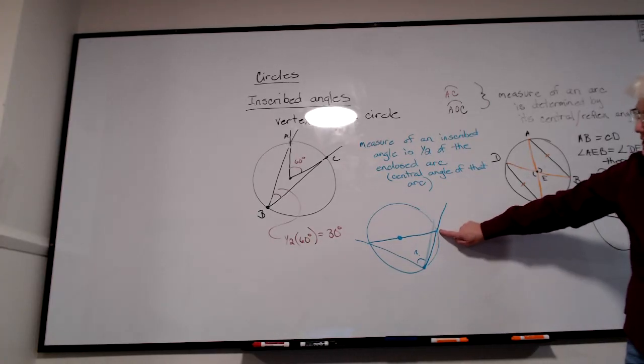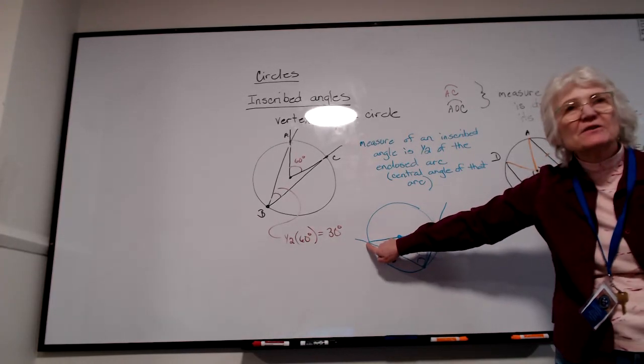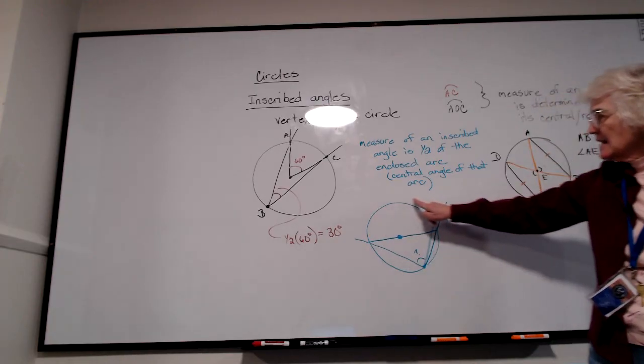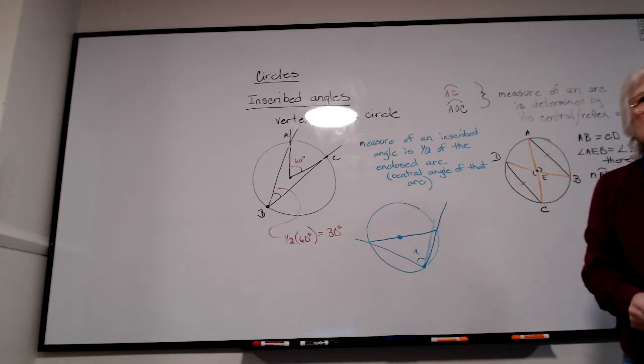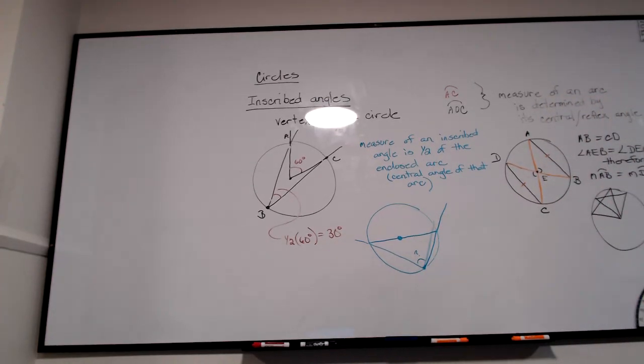So here's my arc. It goes from here to here. What is that measure? So is that mystery angle just like 90 degrees because the diameter is 180? That's correct.